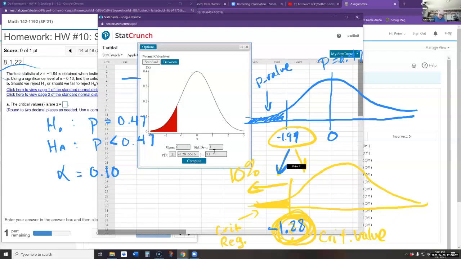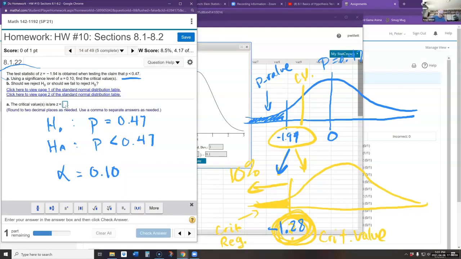So if I put the two on the same picture, the critical value ended up being to the right of our test statistic. The critical value was here, and our test statistic was to the left of that. But first of all, let me enter that in. I would put in a critical value of negative 1.28, to 2 decimals.